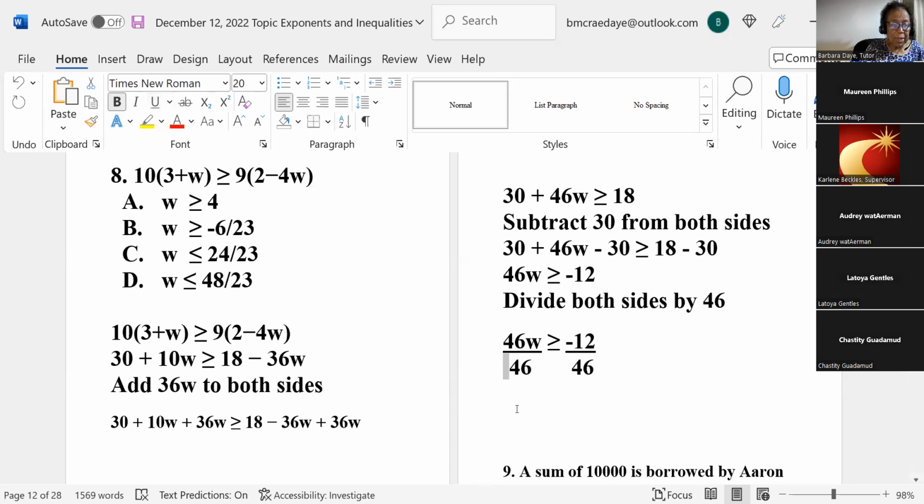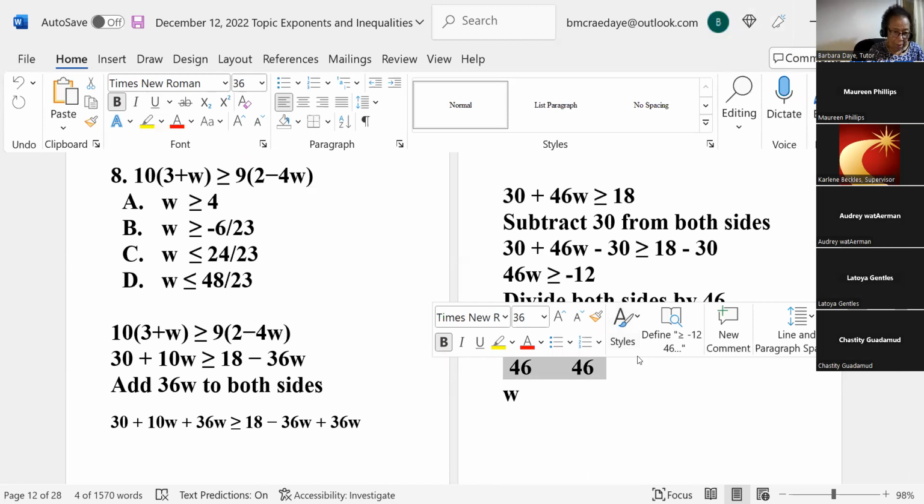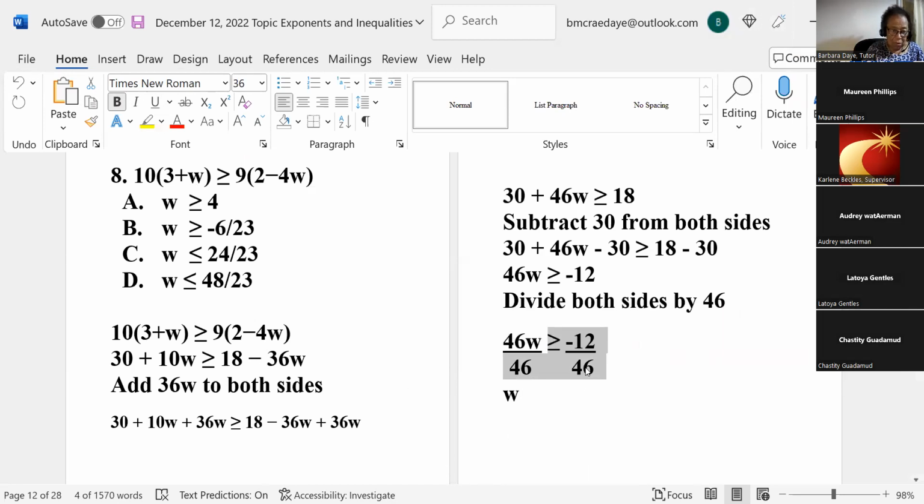Okay, now what do I get? What do I have left on the left side, Maureen, when I divide the 46W by 46? Just W. That's right, W. And my inequality greater than or equal to minus 12 over 46. So let's just copy that. Greater than or equal.